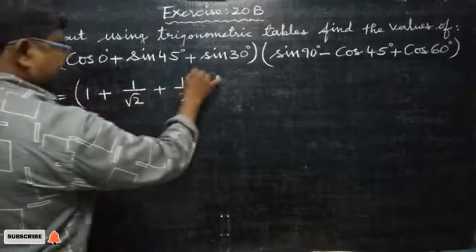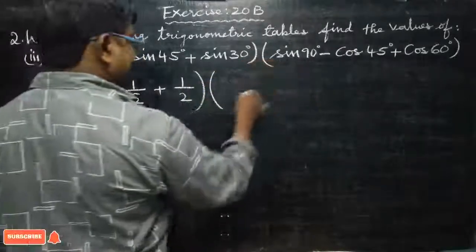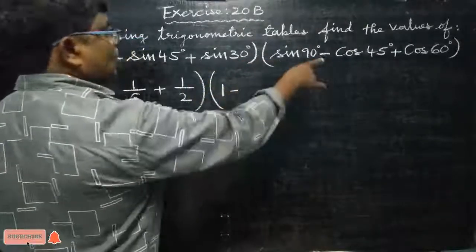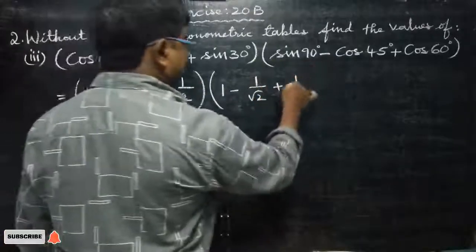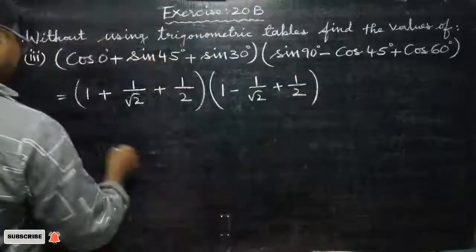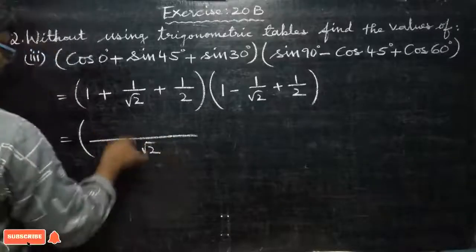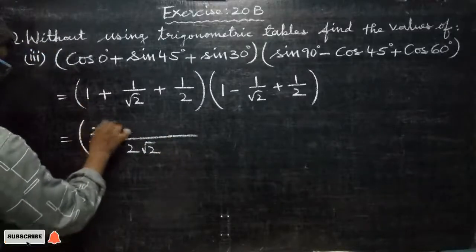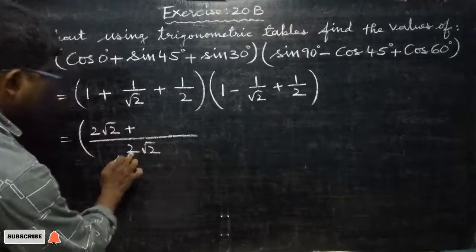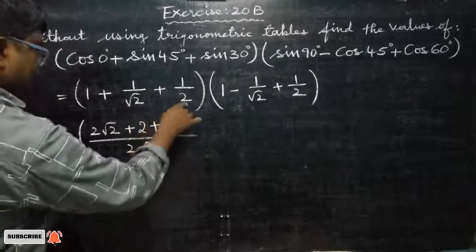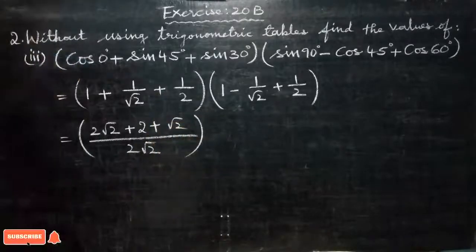This is first, keep in bracket, into sine 90 is 1, minus cos 45 degrees is 1 by root 2, plus cos 60 is half. Now take LCM. 2 root 2 is the LCM. 2 root 2 into 1 is 2 root 2, plus, root 2 goes into 2 root 2 two times. 2 ones are 2, plus 2 goes into 2 root 2 root 2 times. 1 root 2 is root 2. That is the way of doing this problem.